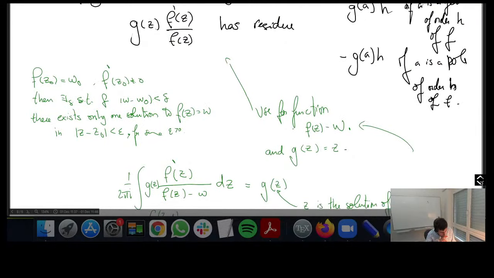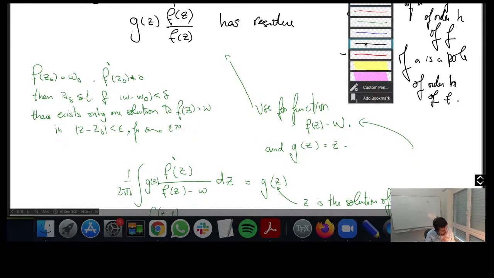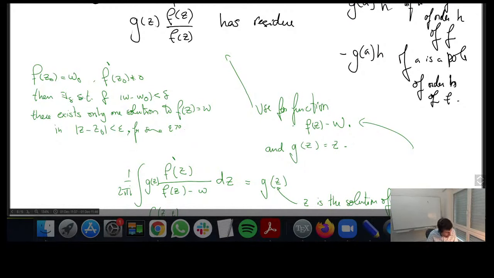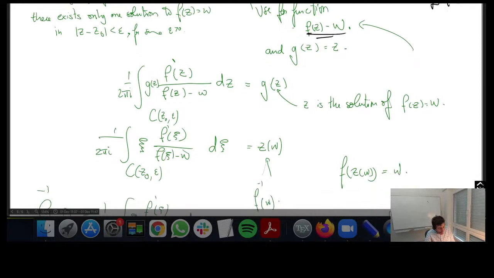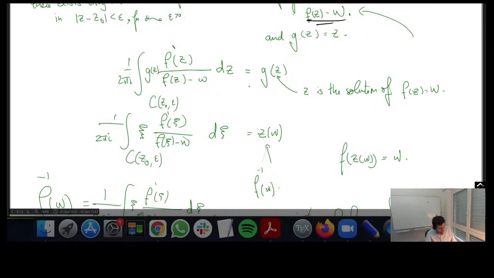Now an interesting question, in trying to understand these inverse functions this way, is what happens if this condition is dropped. Then we know there are these branches, where instead of just one solution in a neighborhood, there are two solutions. Because there are two solutions, there will be two zeros, and so there will be a sum over the two zeros.